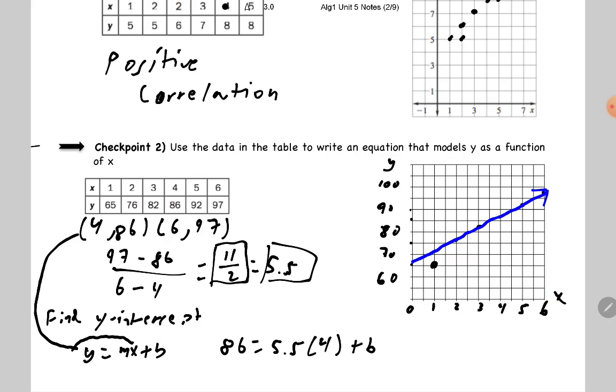So we'll get 86 equals 22 plus b. To get b by itself, we're going to subtract 22 from both sides. And we'll get b equals 64. So my equation is y equals 11 halves x plus 64.